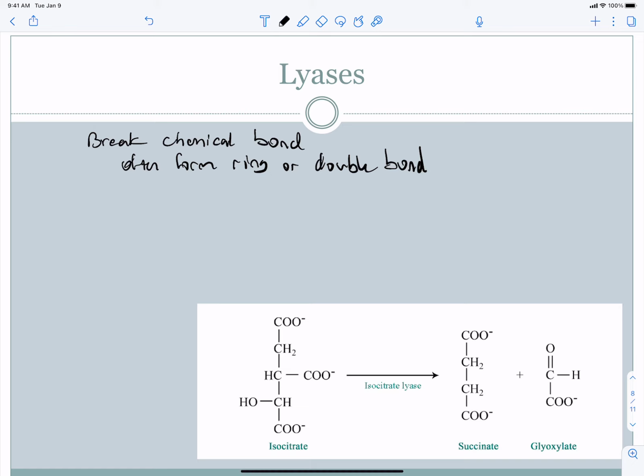And so this is an example of isocitrate, and you have isocitrate lyase, and this is going to form succinate and glycolate. And so you can see you have a double bond on that oxygen formed. The opposite reaction of a lyase is a synthase reaction, in which a substrate is added.